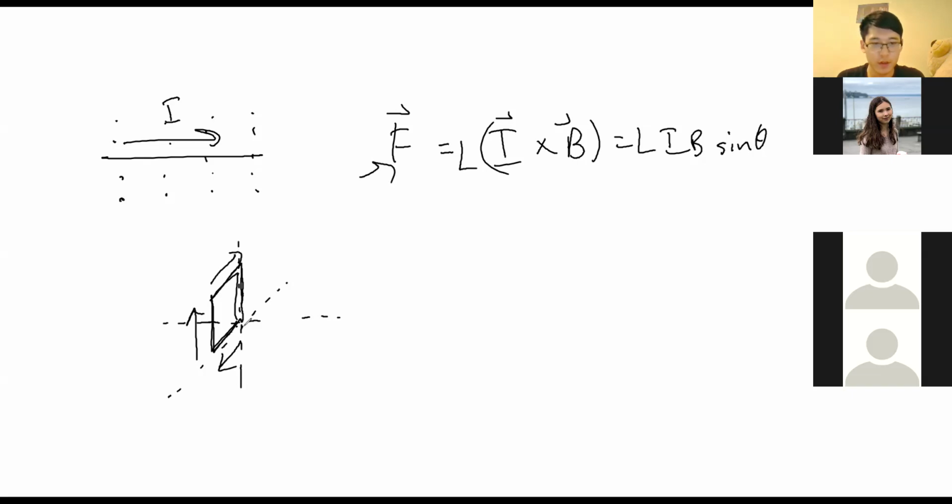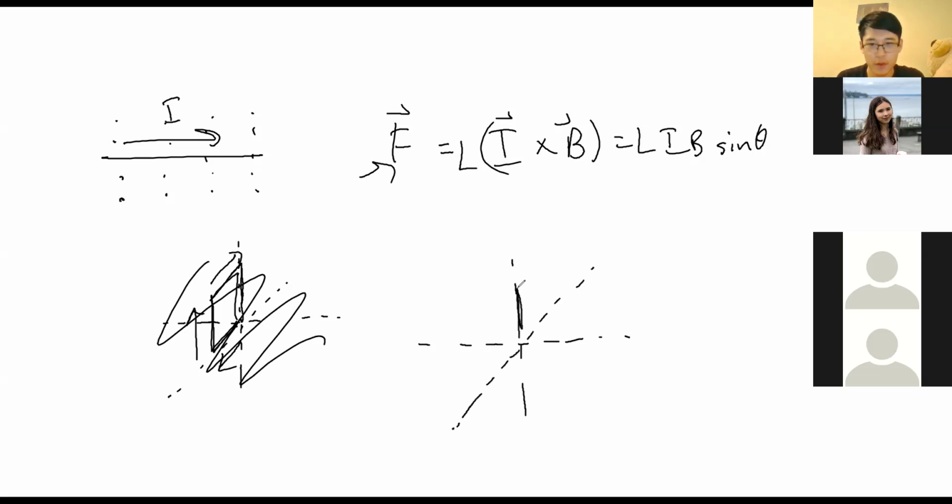Let me draw it again. You have the current loop pointing a bit off center from the z-axis. This is the x-axis, this is the y-axis, and this is the z-axis. Say the current is going here and going here. Now the question is asking: what is the torque on this current loop?